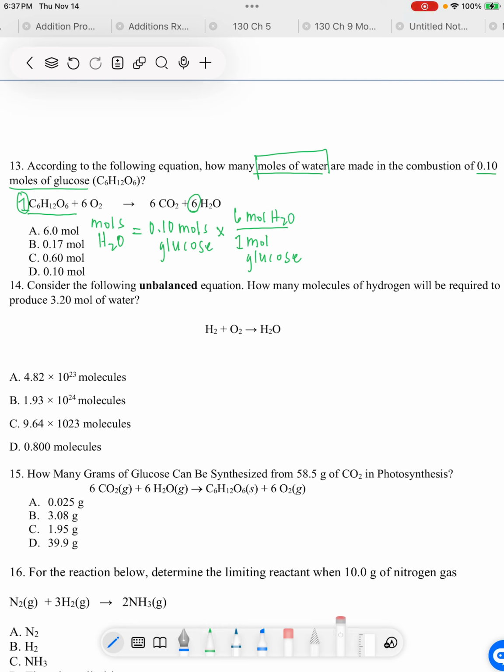Okay, so now we can cross off moles of glucose, and on top we have moles of water. Is that what we are looking for? We're looking for moles of H2O, and on top we have moles of H2O. So now we can just multiply across. We got 0.6 moles of water.